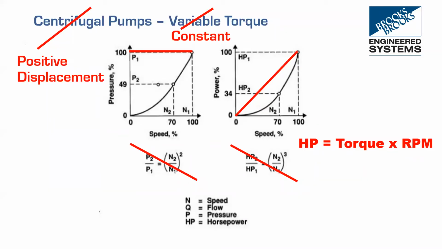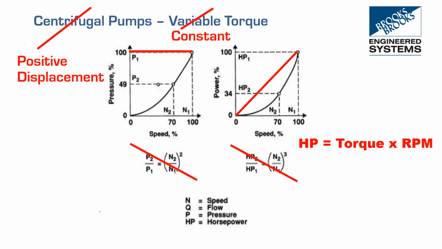Now we can see on these graphs both the torque and the horsepower red line for a constant torque VFD are far above the curves for the variable torque loads. So there's a lot more power and torque required to start a constant torque load from a VFD.